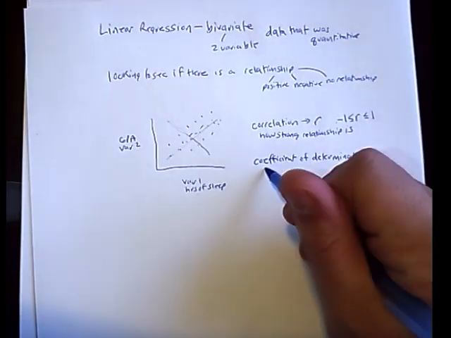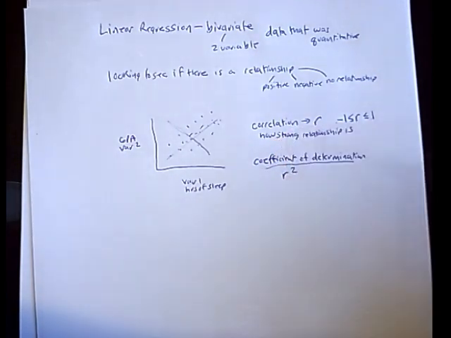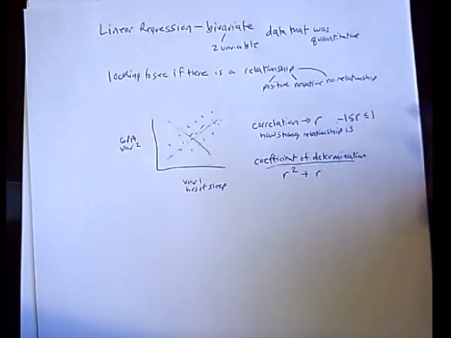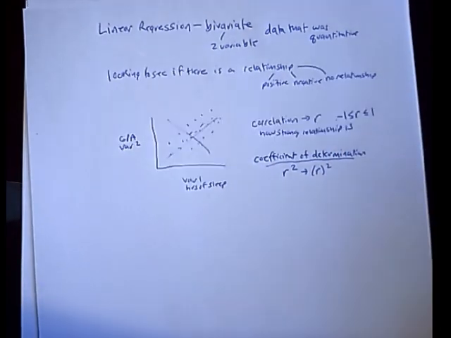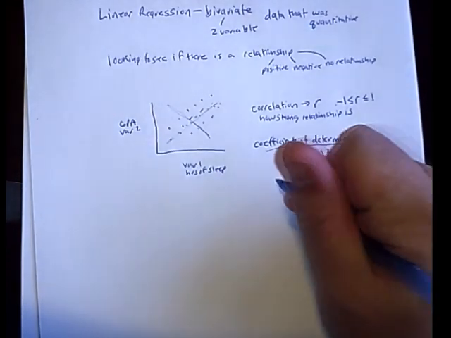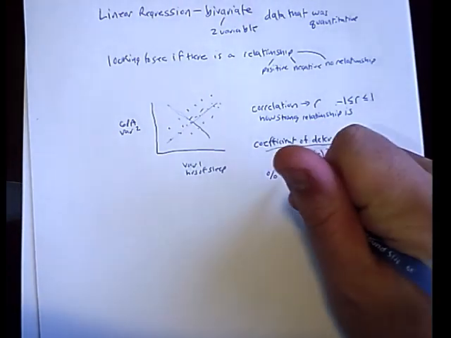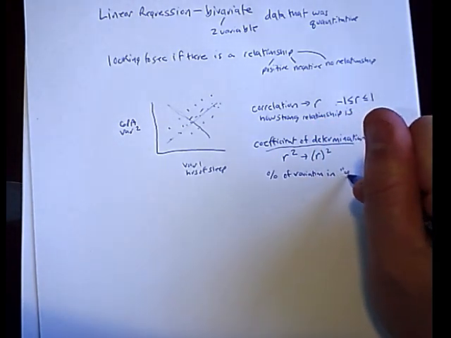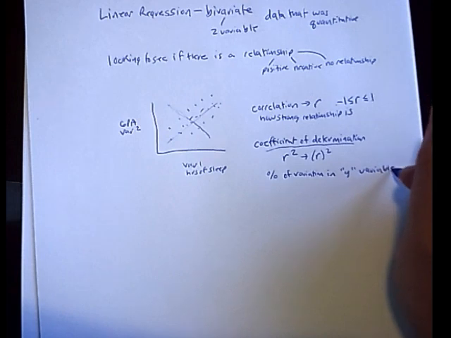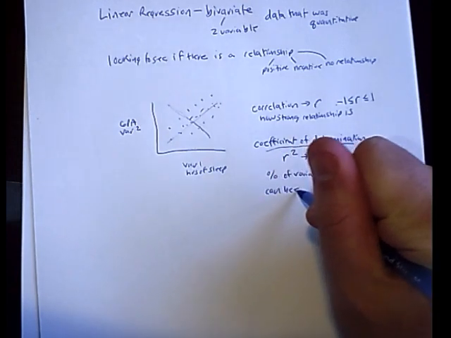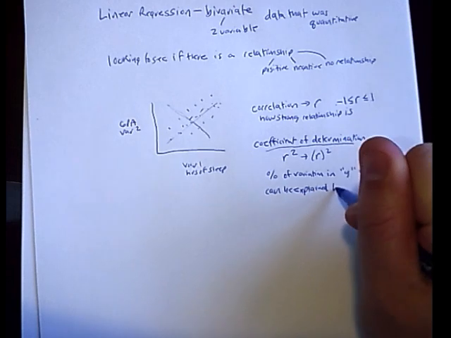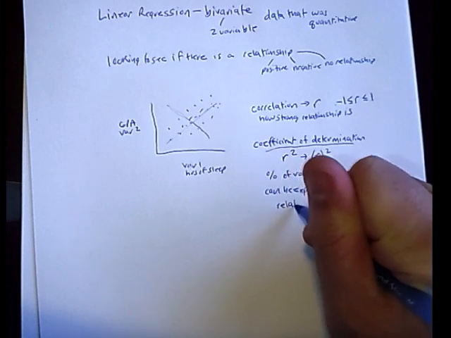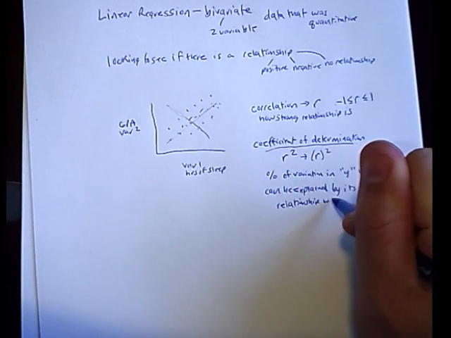Now the coefficient of determination is what we call the R-squared value. The way we figure that out is just take the R and square it. Whatever the R-squared value is, it's usually expressed as a percent. So we say that percent of the variation in the Y variable can be explained by its linear relationship with the X variable.